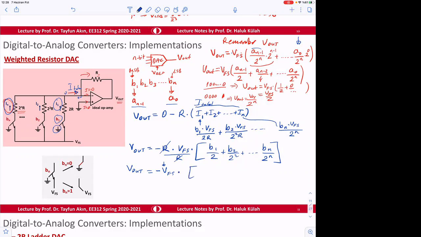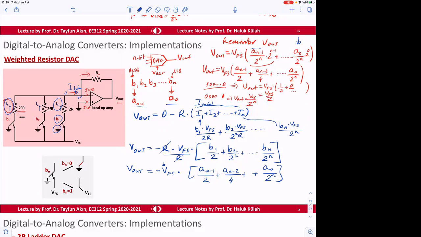Times, what was B1? An minus 1 divided by 2 plus An minus 2 divided by 4 plus A0 divided by 2 to the power n. Okay? So this is it.